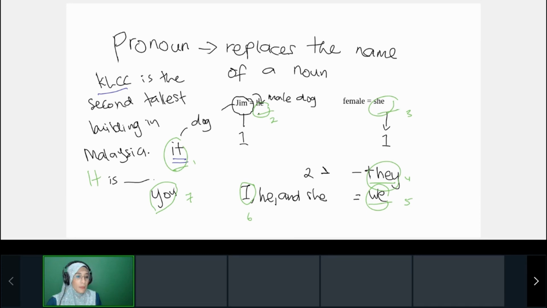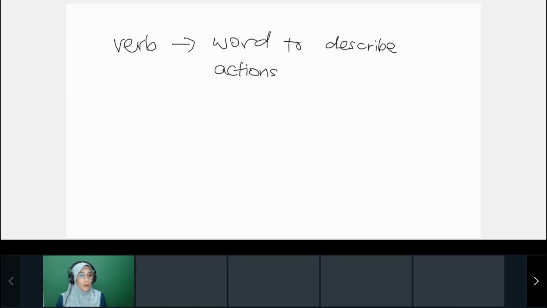And maybe if you want to continue another sentence, that is another part of speech. What is it? Okay, I'll tell you next, but first of all, we'll go with verb. What is a verb? Verbs are words to describe action.